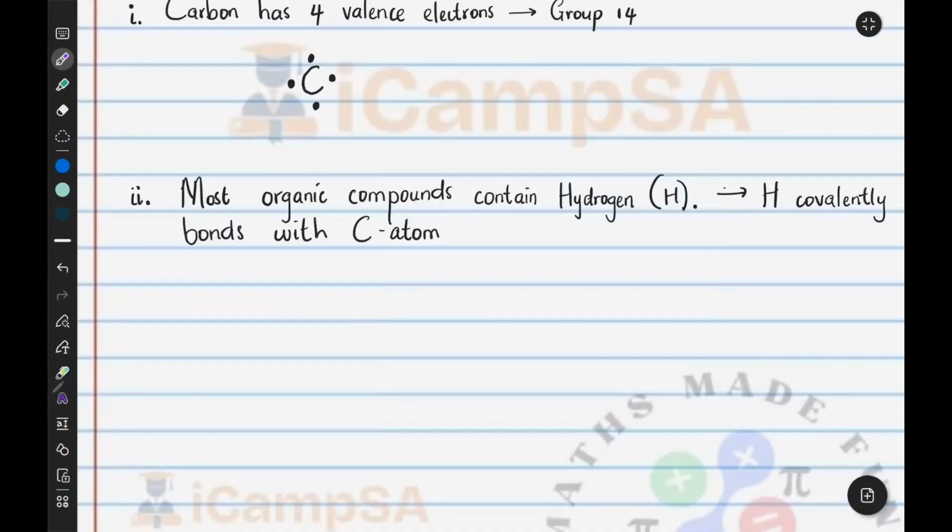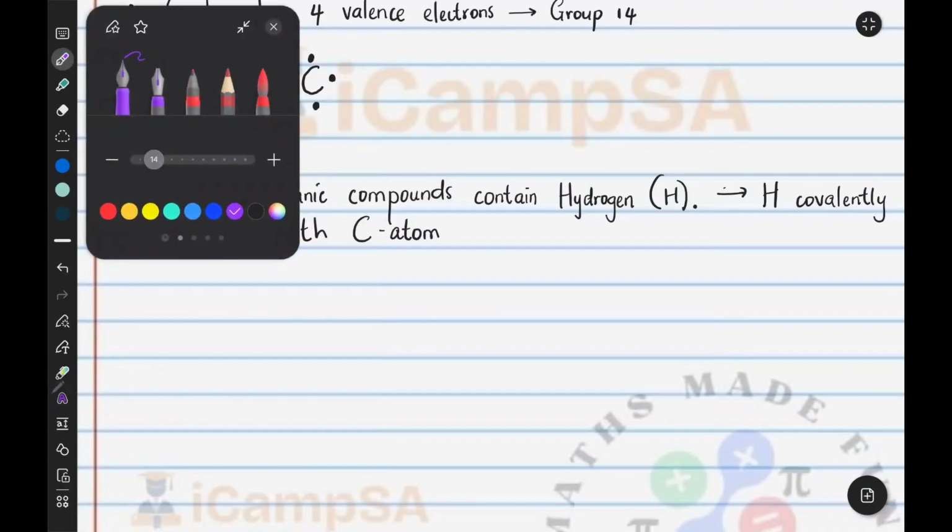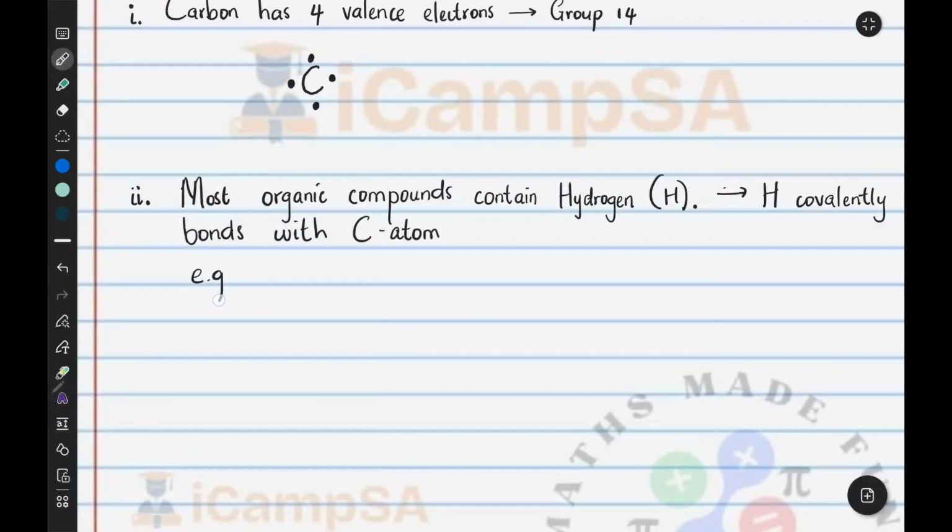Since most of these organic compounds contain hydrogen, you'll find hydrogen covalently bonded to the carbon atom, since carbon is always present in these organic compounds. A great example of this is methane, with the chemical formula CH4. If you try to draw the Lewis dot diagram for methane, you'll have the carbon with its valence electrons.